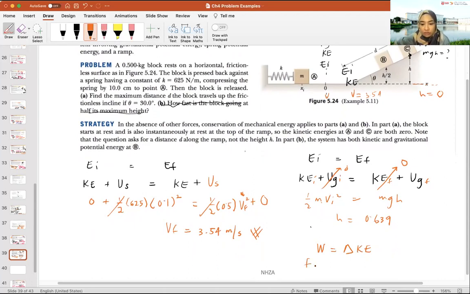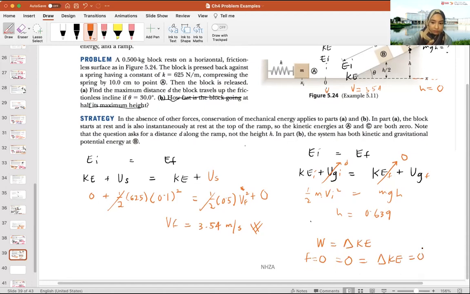So the friction force is equal to 0 here. Therefore, our net work done on the block is also equal to 0. Therefore, the change in KE is also equal to 0. Therefore, U should be equal to V. So U over here is equal to this V. That's how it works. Faham ke?